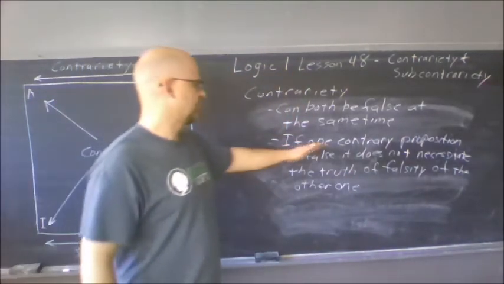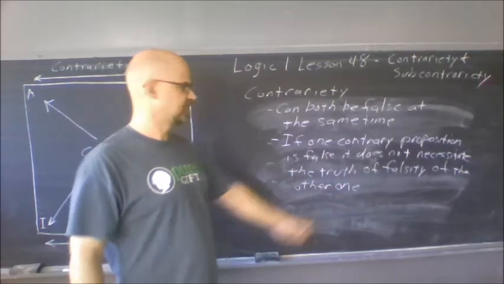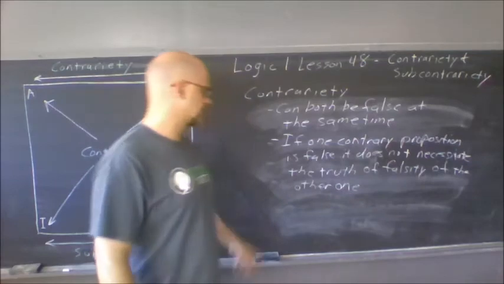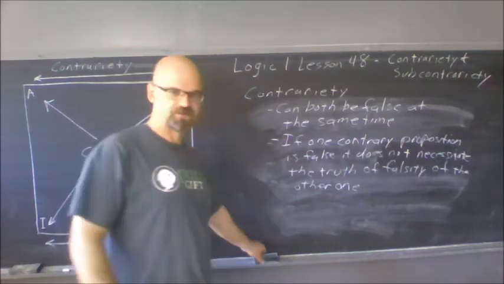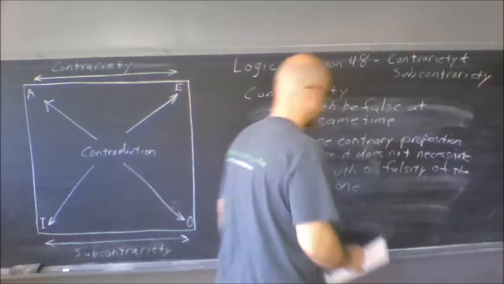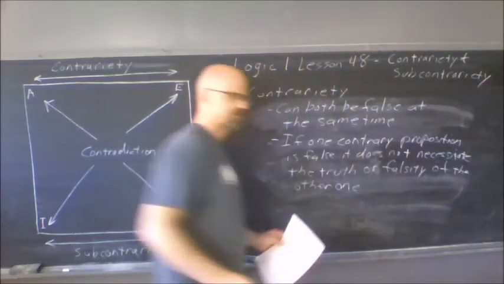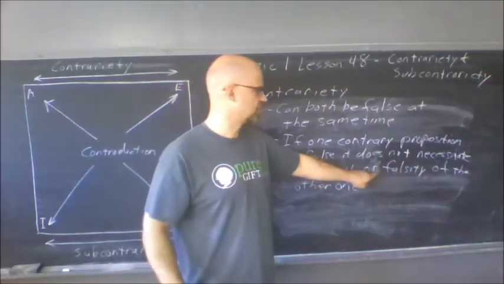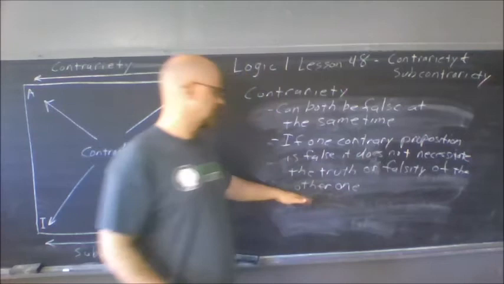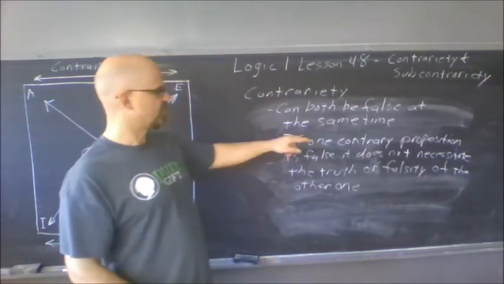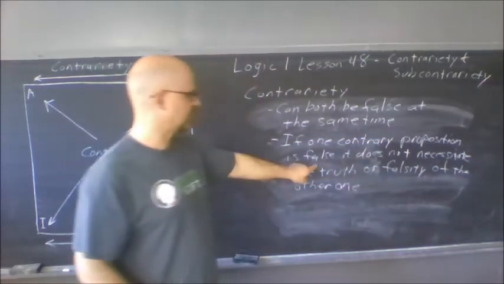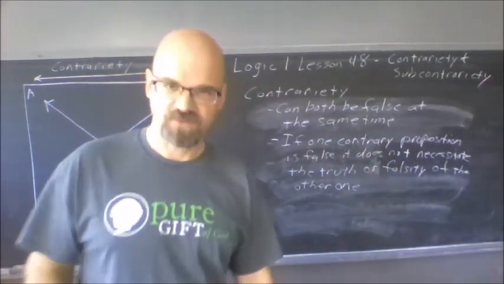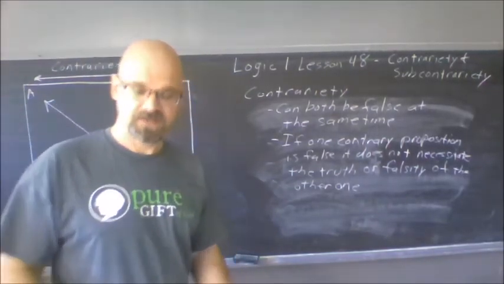Oops, I wrote that wrong. My bad. It's supposed to be or. I put up. It does not necessitate the truth or falsity of the other one. One more time. If one contrary proposition is false, it does not necessitate the truth or falsity of the other one.